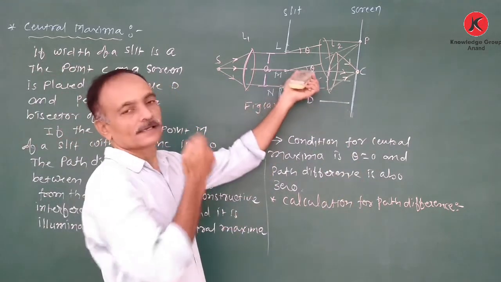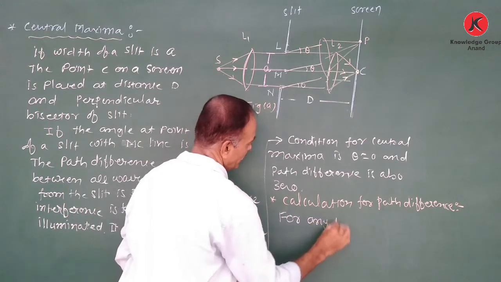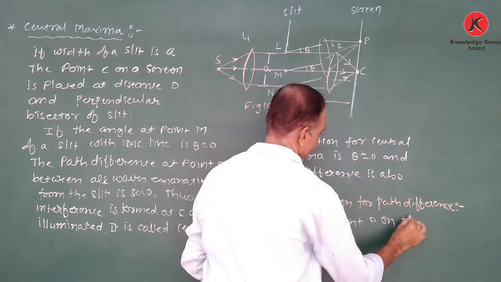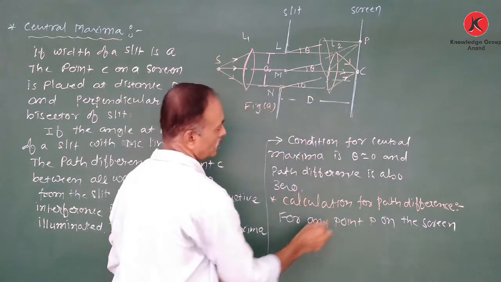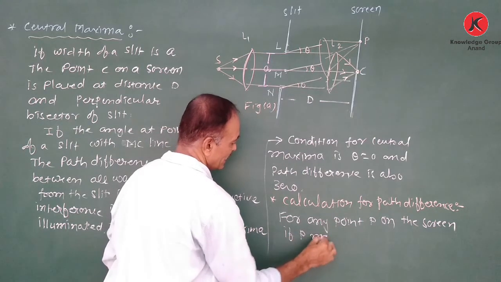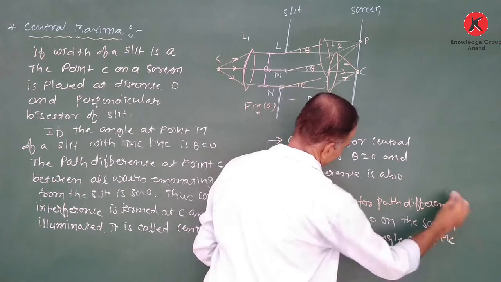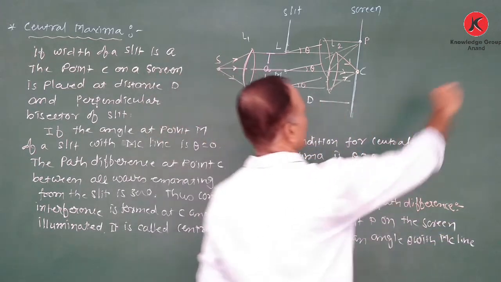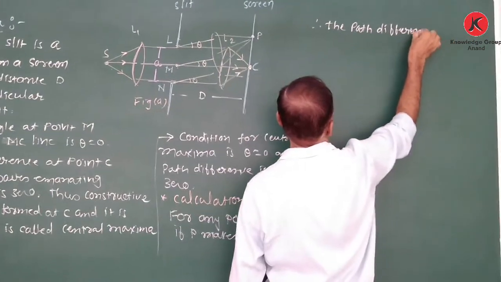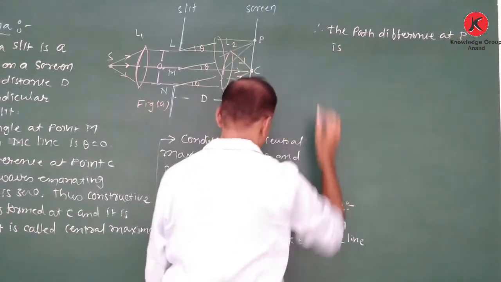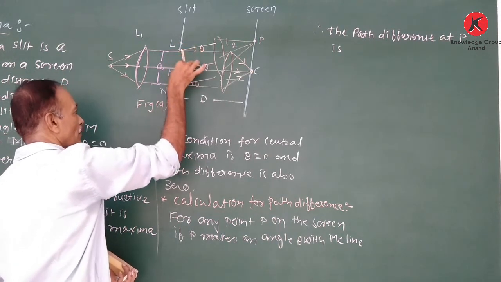So for any point P on the screen, if P makes an angle theta with the MC line, therefore the path difference at point P is, now see in the figure, the perpendicular from L in NP.